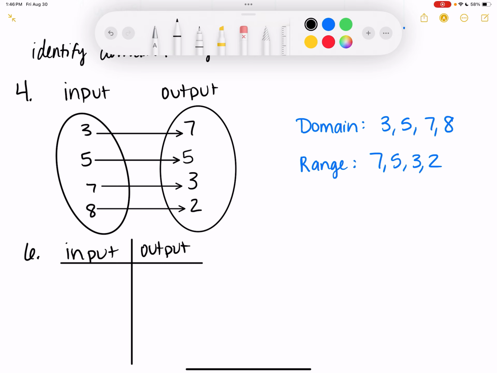But if it's a mapping diagram, they're going to have arrows drawn to them so that you know what it goes with. So they give us 0, 1, 2, and 3, 7.5, 9.5, 11.5, and 13.5.